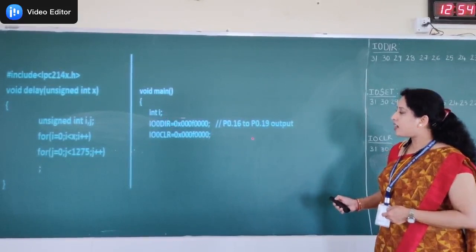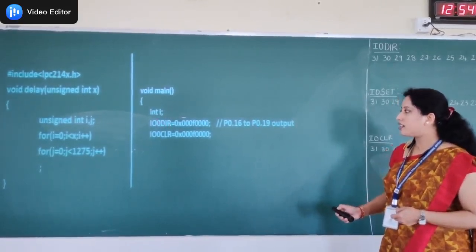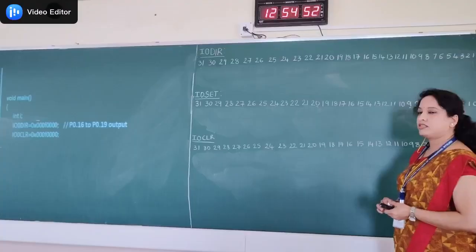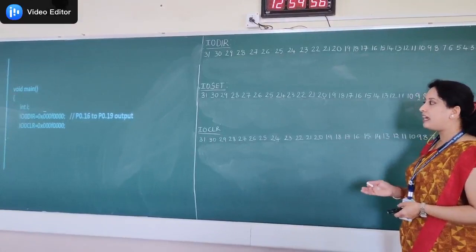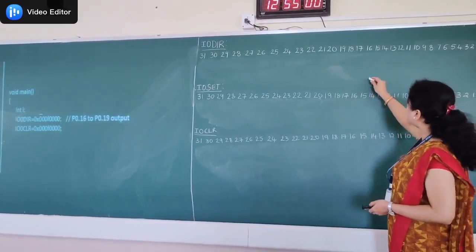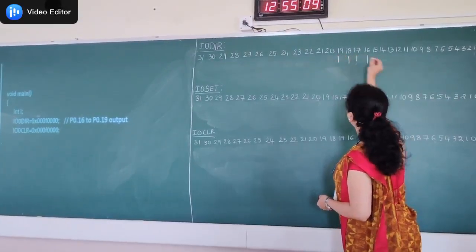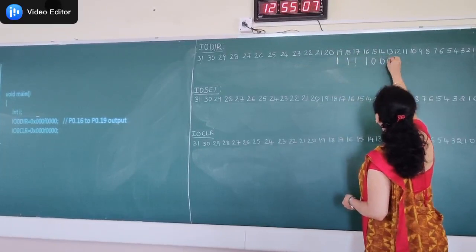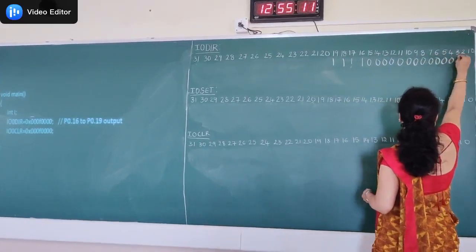We make them output pins by using the IO0DIR register, by writing 1. So I should place 1 on bits 16 to 19 in the IO0DIR register, and the remaining will be 0. 0 is for input, 1 is for output.